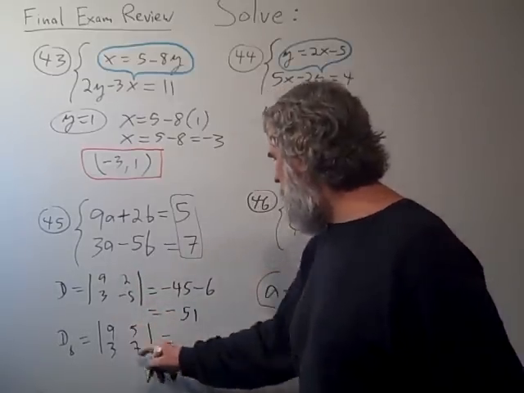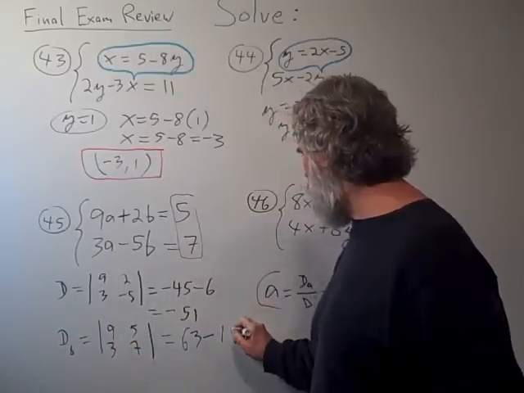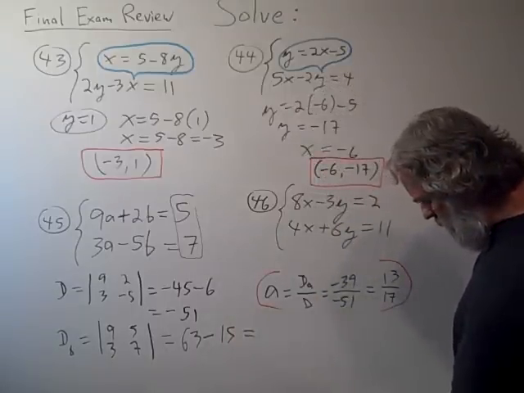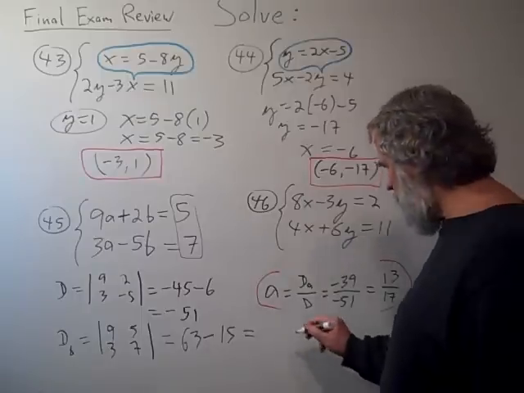So now we've got 9 times 7 is 63, minus 3 times 5 is 15, and 63 minus 15 is 48.